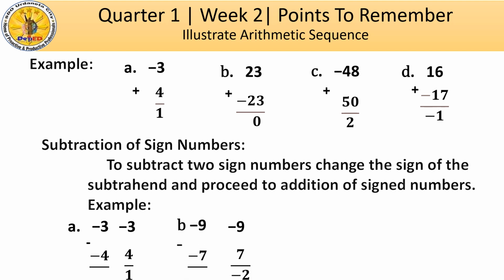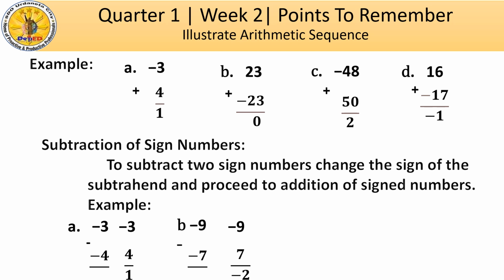Letter B, we have -9 minus -7. Change the sign of the subtrahend, which is -7, it will become +7. Then go to addition of sign numbers. -9 and +7 are unlike signs, so subtract the smaller value from the greater absolute value.